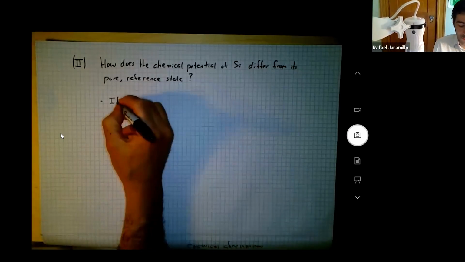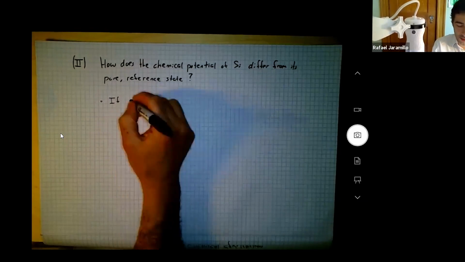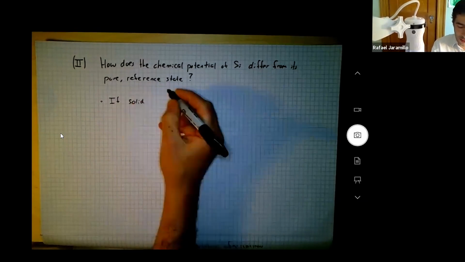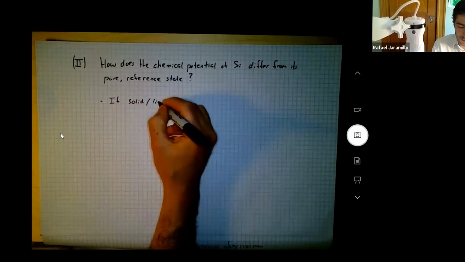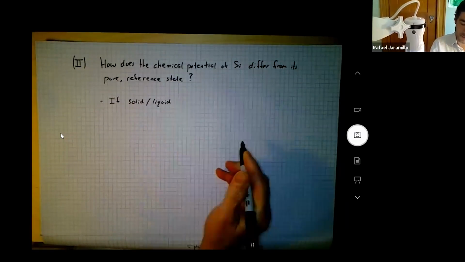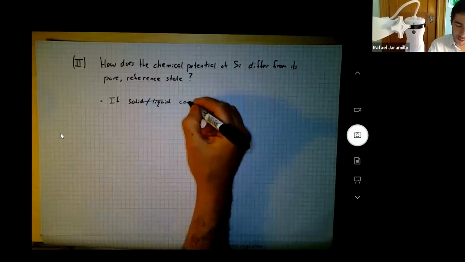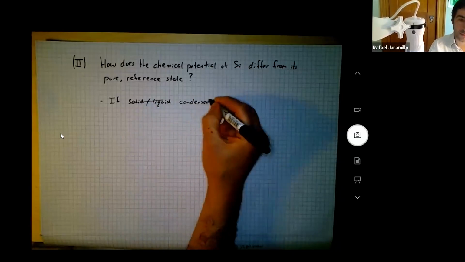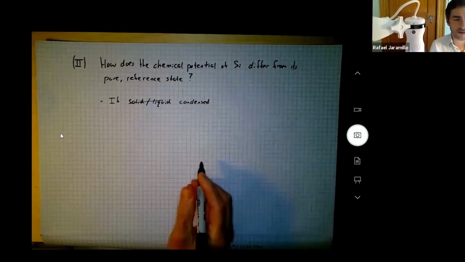Okay, if solid silicon, or I should say liquid, because we're above the melting point, condensed. I said solid in the lecture notes, so that's a typo.